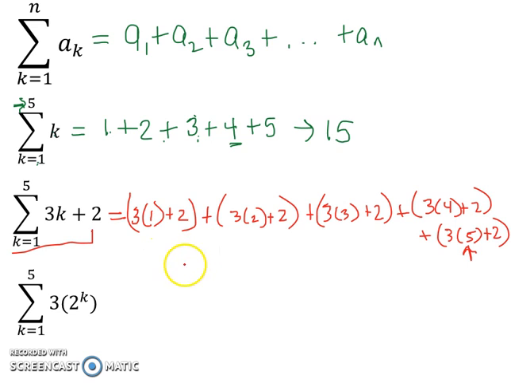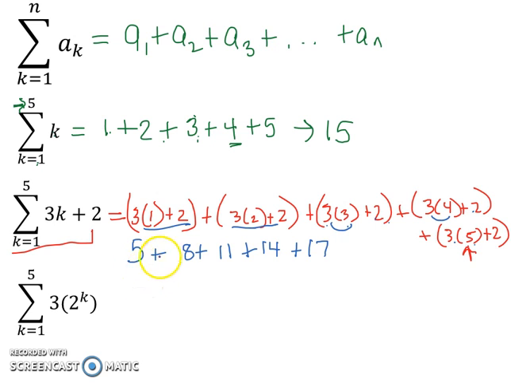But we still need to do that arithmetic. So let me change my color here. So we have 3 times 1 plus 2, and that's 5, plus 3 times 2 is 6, plus 2 is 8. 3 times 3 is 9, plus 2 is 11. 3 times 4 is 12, and 2 is 14. 3 times 5 is 15, plus 2 is 17.